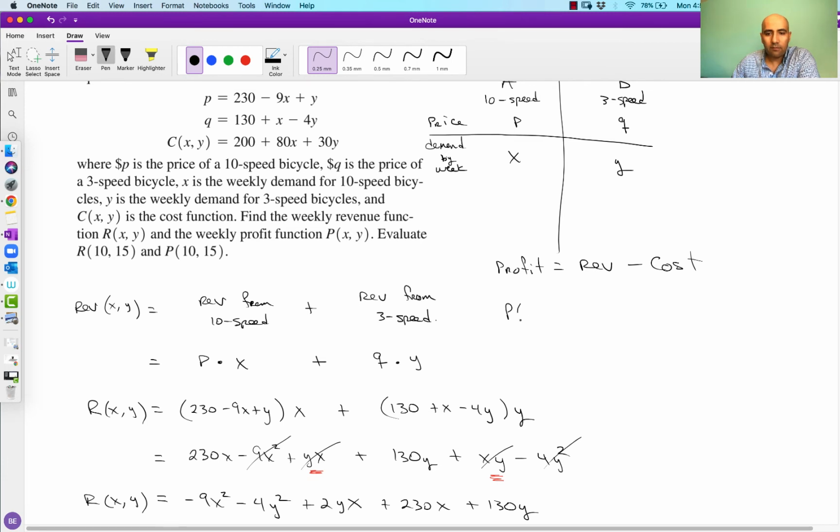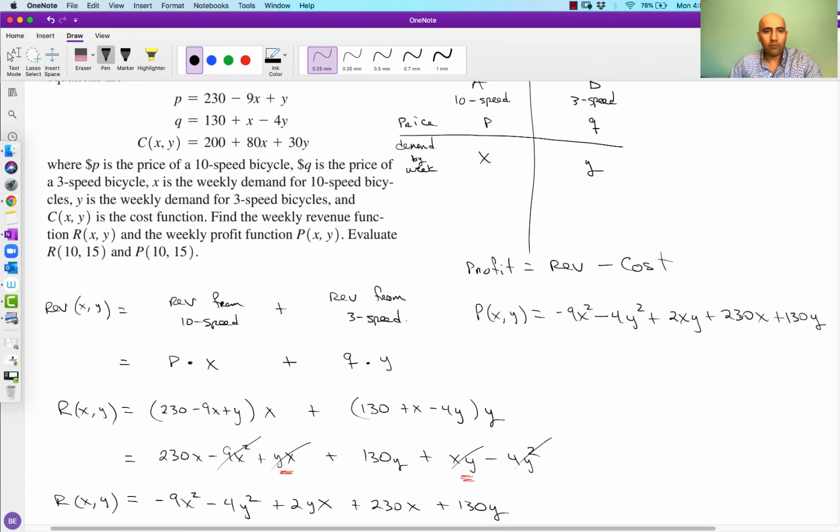So for us, P of x comma y is going to be equal to this crazy long thing, minus 9x squared minus 4y squared plus 2xy or yx plus 230x plus 130y.